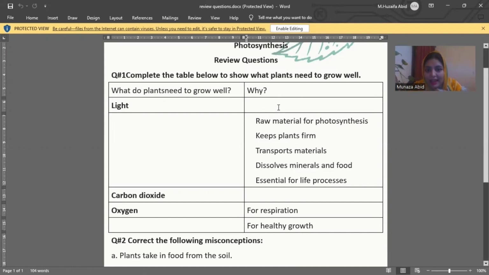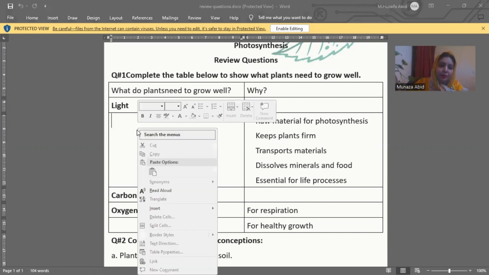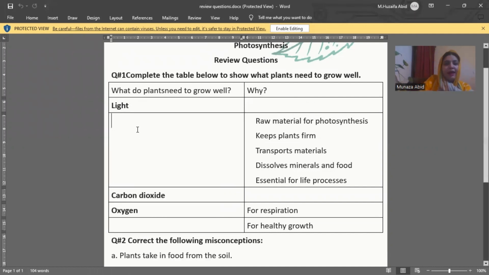It gives light energy for photosynthesis. Now we have to guess these by guessing what these 4 characters are, of the things that are needed by a plant. This is the riddle.